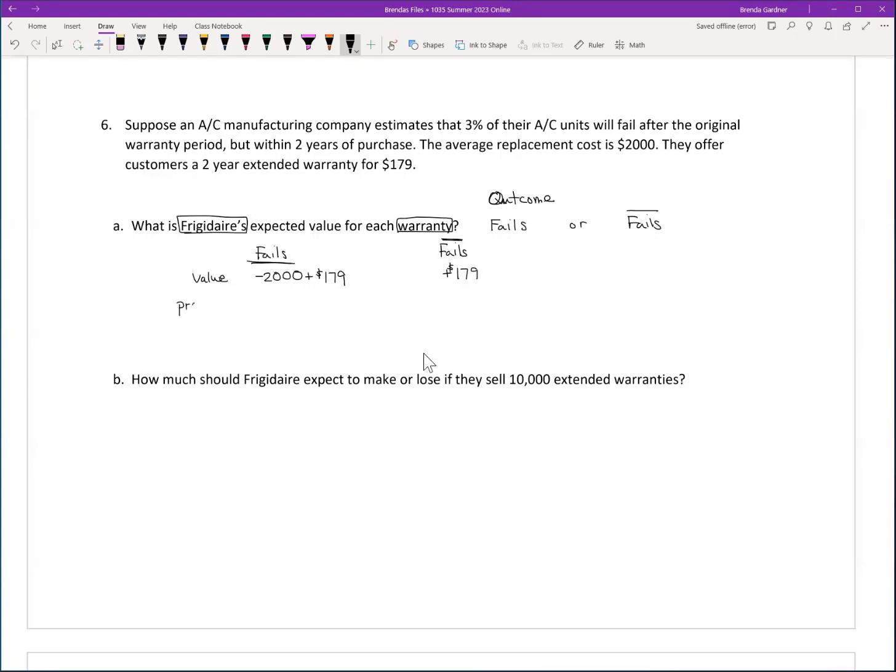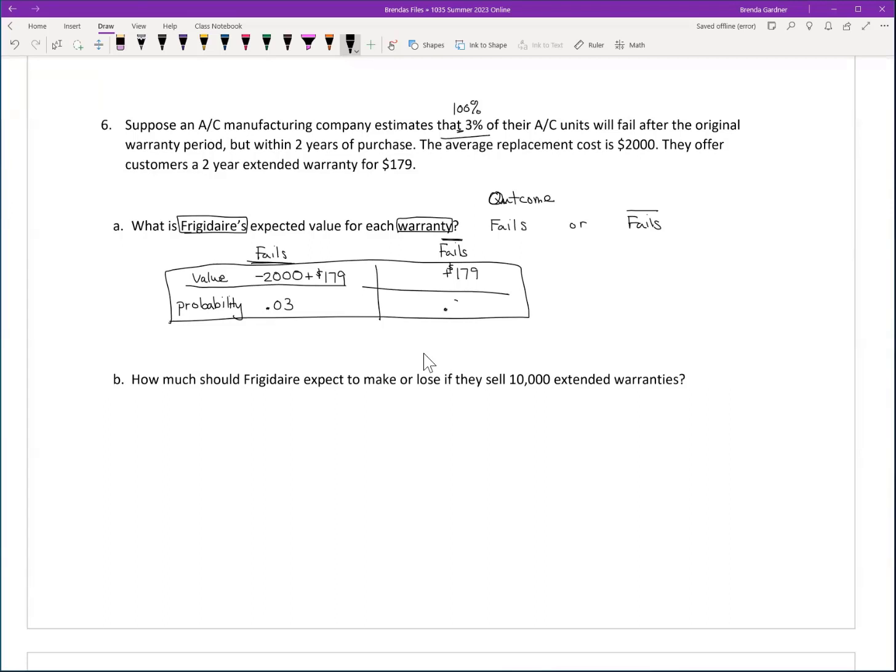And then we want to talk about the probability of it failing. The probability of it failing is 3%. I'm going to write that as a decimal. I'm creating a little chart here, but the probability that it doesn't fail is going to be 100% minus the 3%.